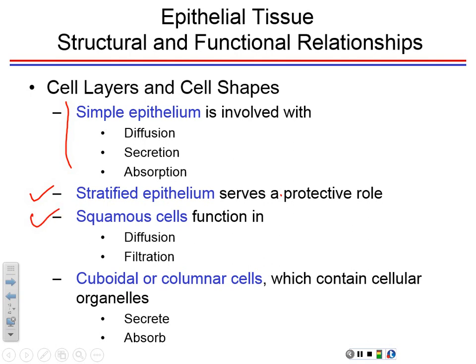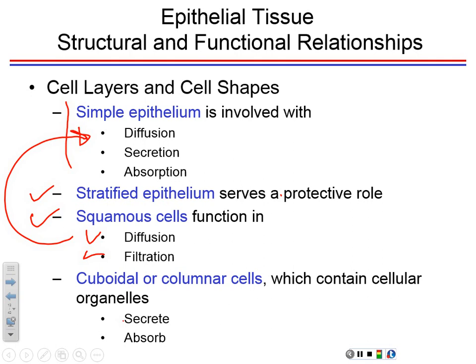And squamous, flat, the diffusion and the filtration. And usually squamous, flat, diffusion, filtration goes with one layer, usually. And then, of course, cuboidal, columnar, which contains cellular organelles, secretion.